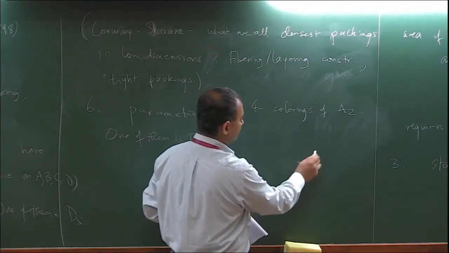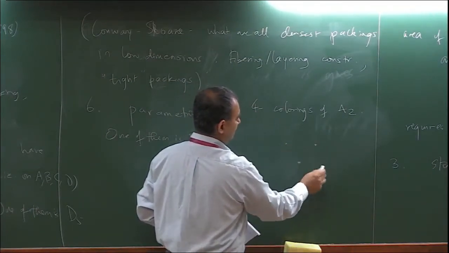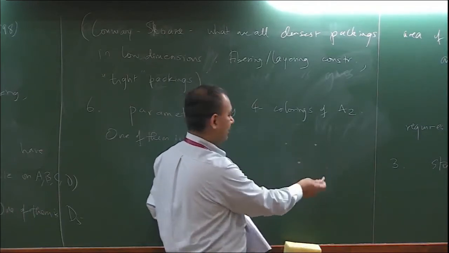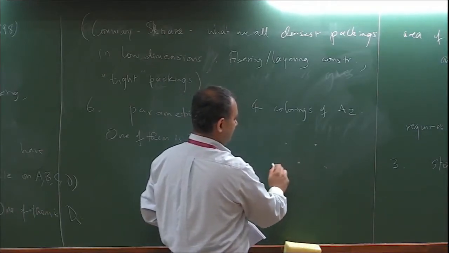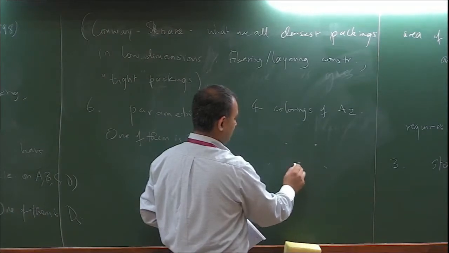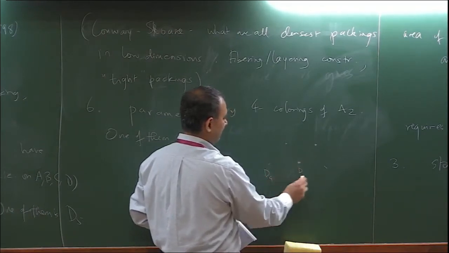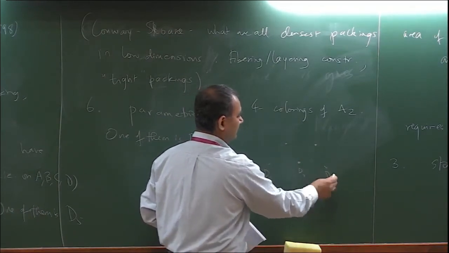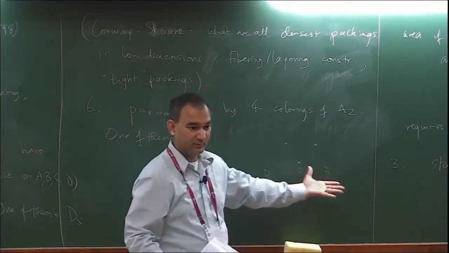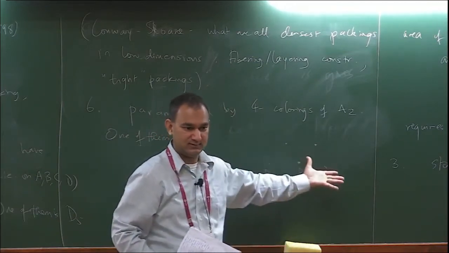So you want to go from this plane to basically a bunch of points in the plane which are copies of the D4 lattice, but you want to arrange them as closely as possible, and the best way to do that in 2 dimensions is using the hexagonal lattice.